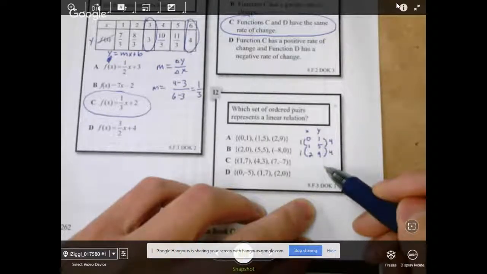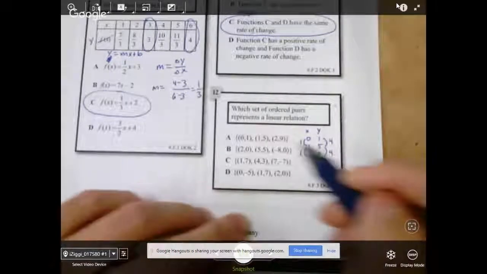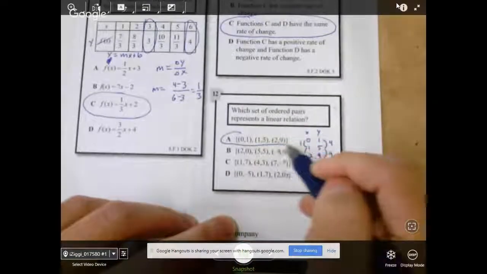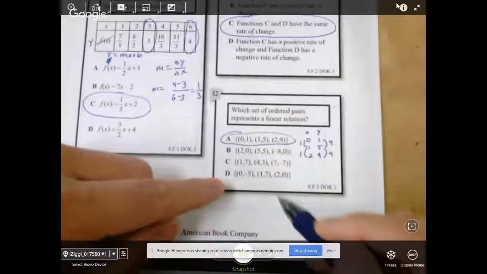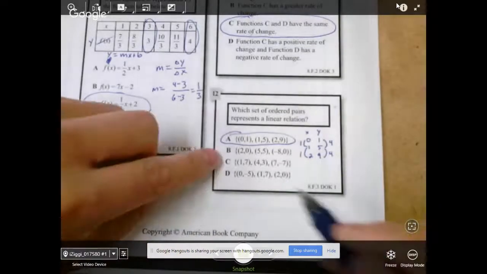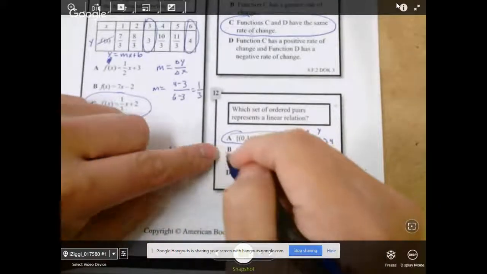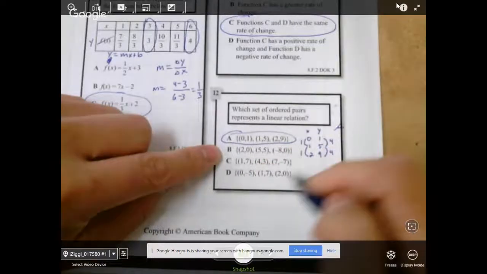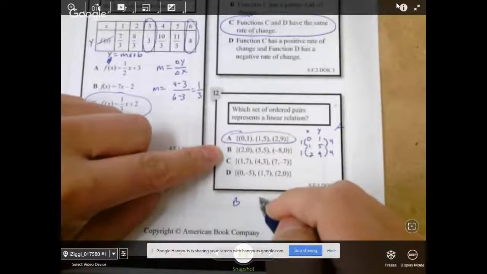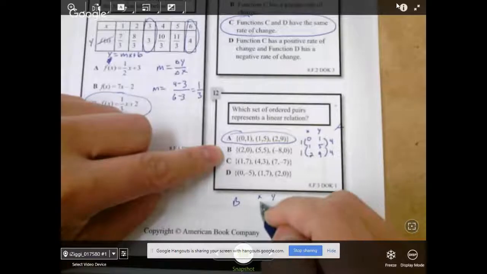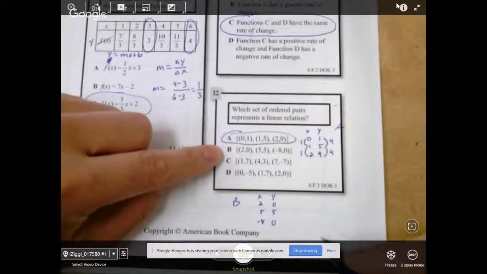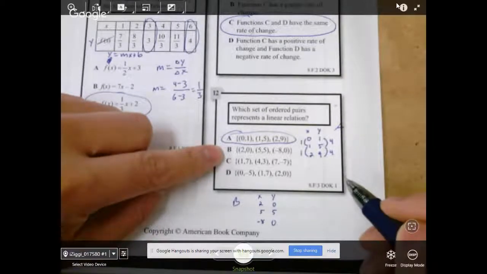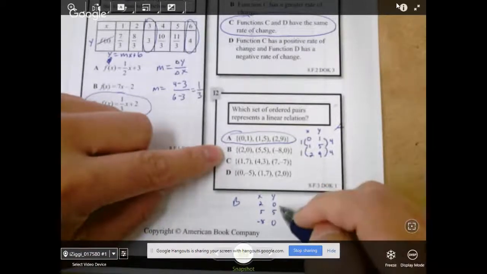Let's test one that's not the answer, so any one of these. Let's just look at B. This was option A. For option B, you have x, y, 2, 0, 5, 5, negative 8, 0. Here this is 5 over 3.